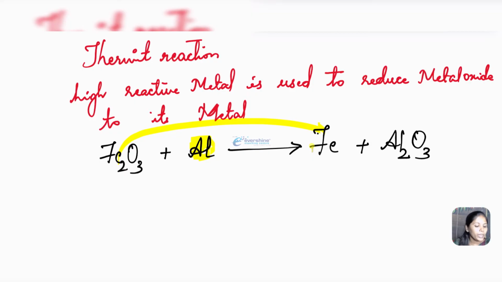Where is this thermite reaction useful? Thermite reaction is used to join railway tracks and cracked machine parts.